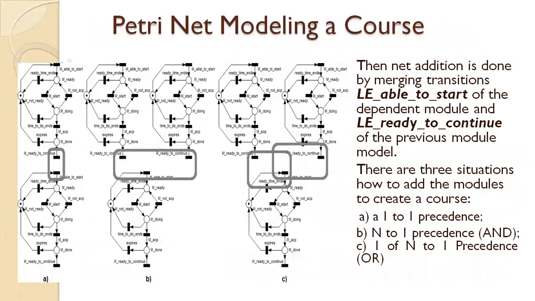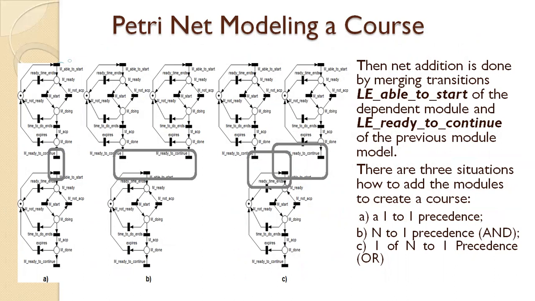Then net addition is done by merging transitions, so-called learning element able to start of the dependent module and learning element ready to continue of the previous module.